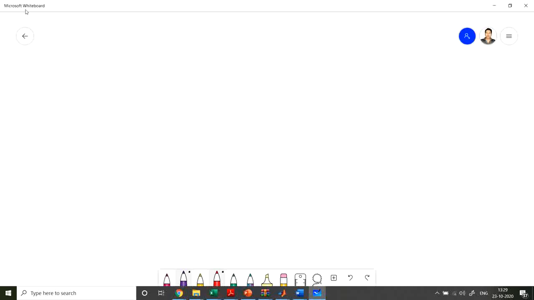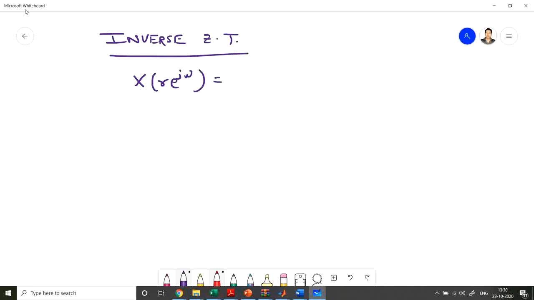Now let us see the inverse Z transform. What is the inverse Z transform? Let us start with the relation that X(re^{j omega}) is the discrete time Fourier transform of x[n] r raised to the power minus n.